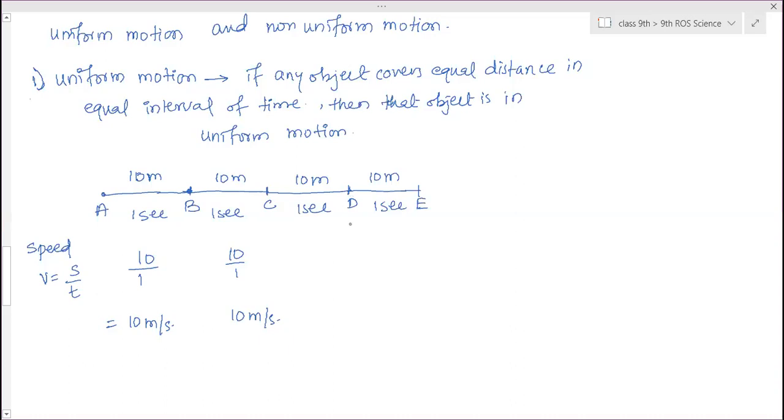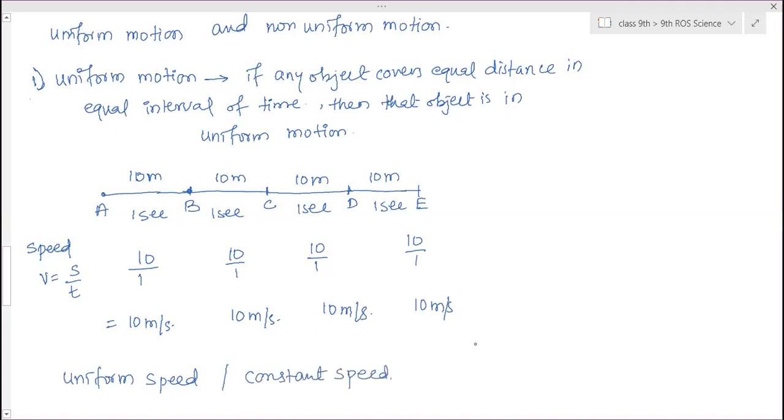Moving from C to D, again a 1 second duration, distance covered is 10, 10 by 1 is 10 meter per second. Here also 10 meter per second. So in every interval of time, the speed remains constant. Such speed is called uniform speed or constant speed.